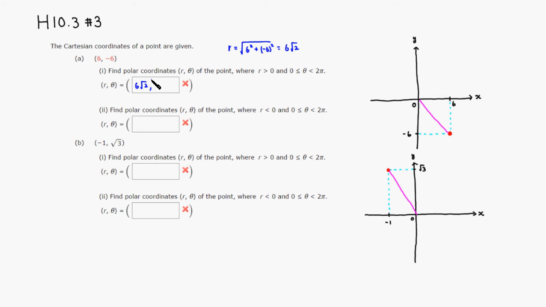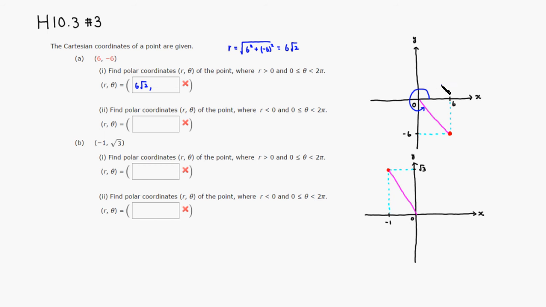Then the angle. I drew a picture on the xy plane, so here's the point, 6 comma negative 6. We need to find the angle between 0 and 2 pi, the angle from here all the way there.